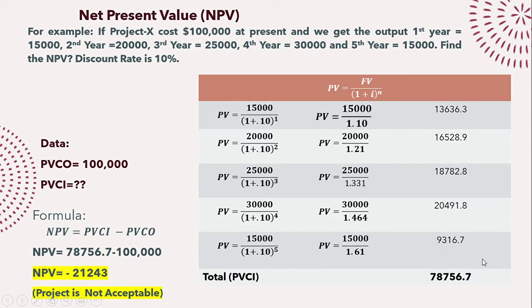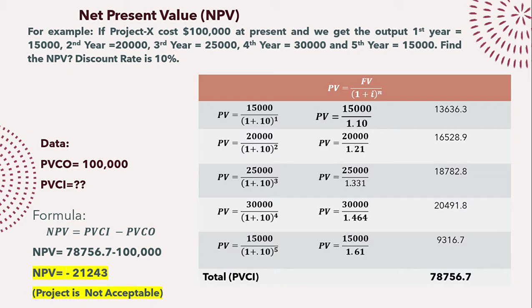If you sum all these, it will be 78,756.7. That is the total present value of cash inflows, all the cash flows we get in the future after the first, second, third, fourth, and fifth year.